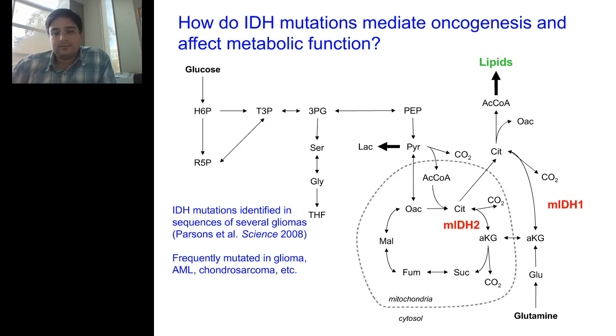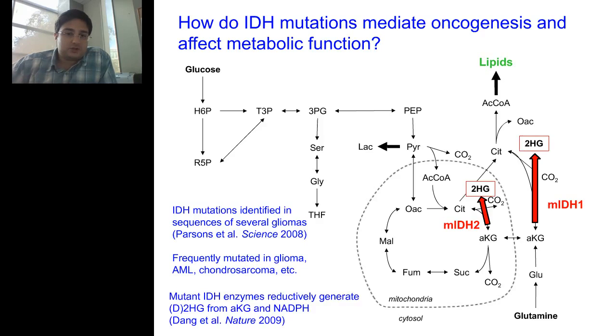Subsequent work demonstrated that these mutant enzymes, which were always at the same residue and in the heterozygous state, exhibited gain-of-function activity and reductively metabolized alpha-ketoglutarate to 2-hydroxyglutarate. So instead of exchanging alpha-ketoglutarate and CO2 with isocitrate, 2-HG was produced and accumulates at very high levels in these cells.